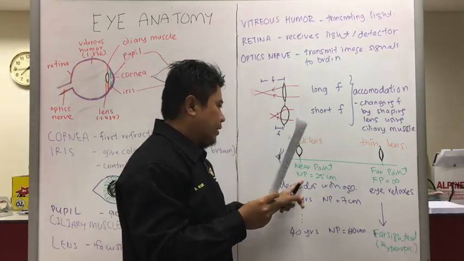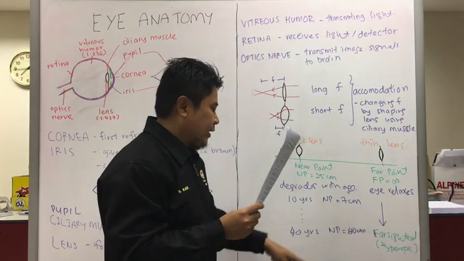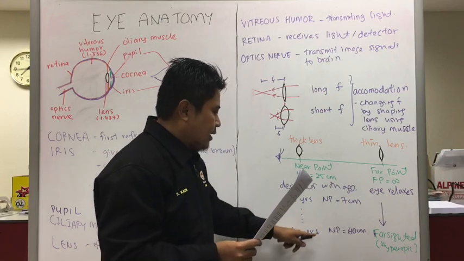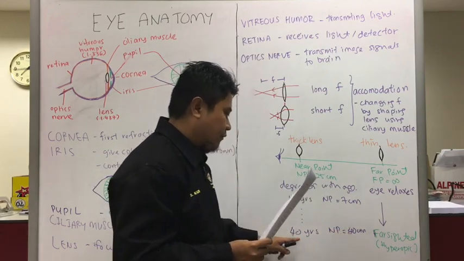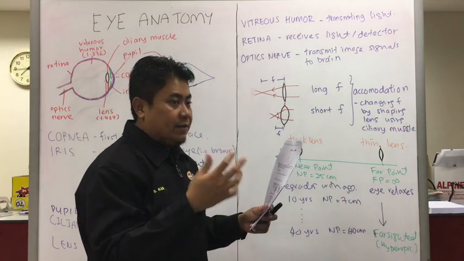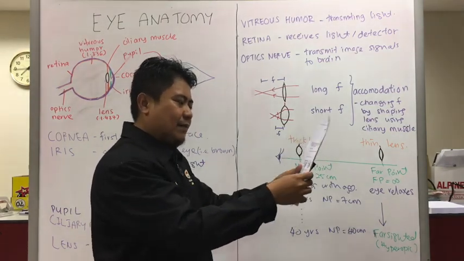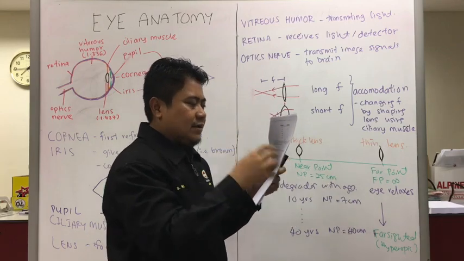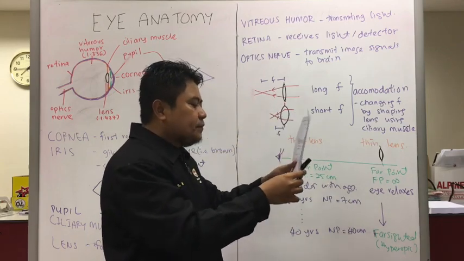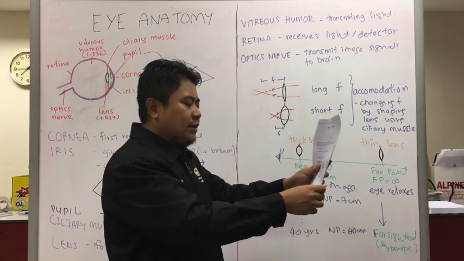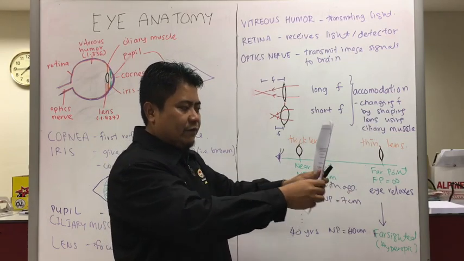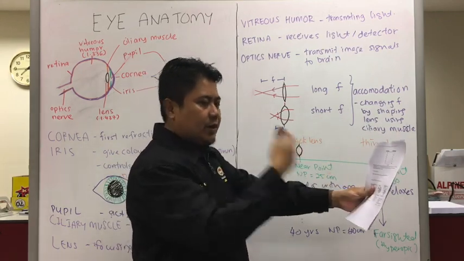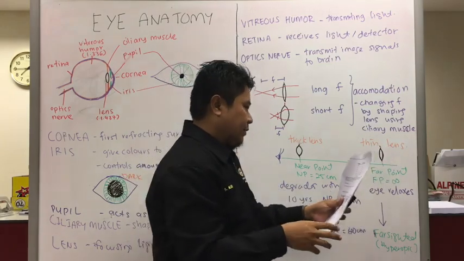That's why your near point degrades with age. For elderly persons, the near point is about 40 centimeters at 40 years old. That means elderly people have to hold a magazine farther away, because they cannot see it close to their eyes. So the near point changes with time.